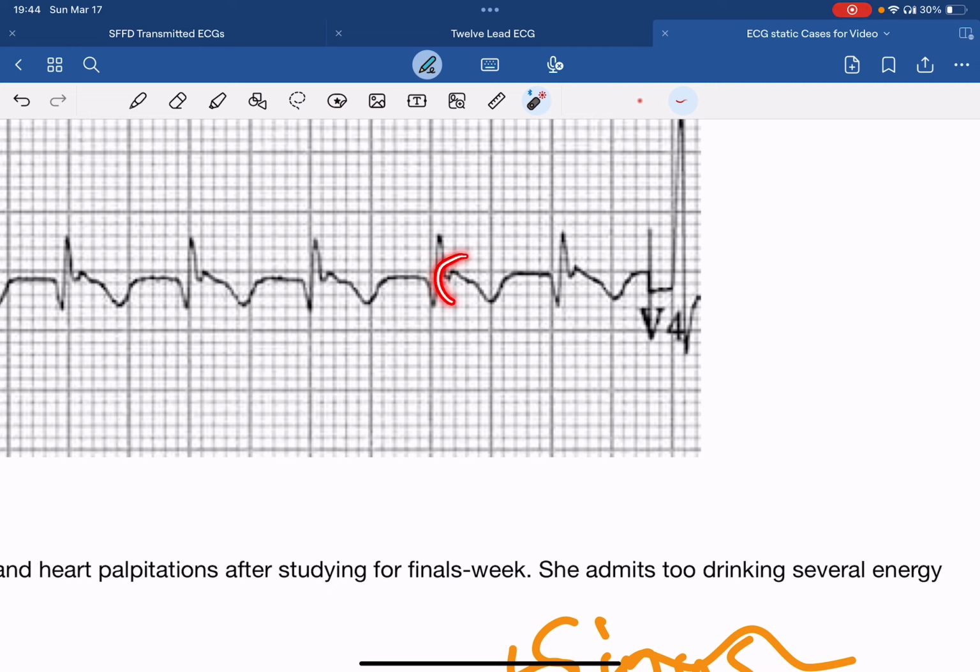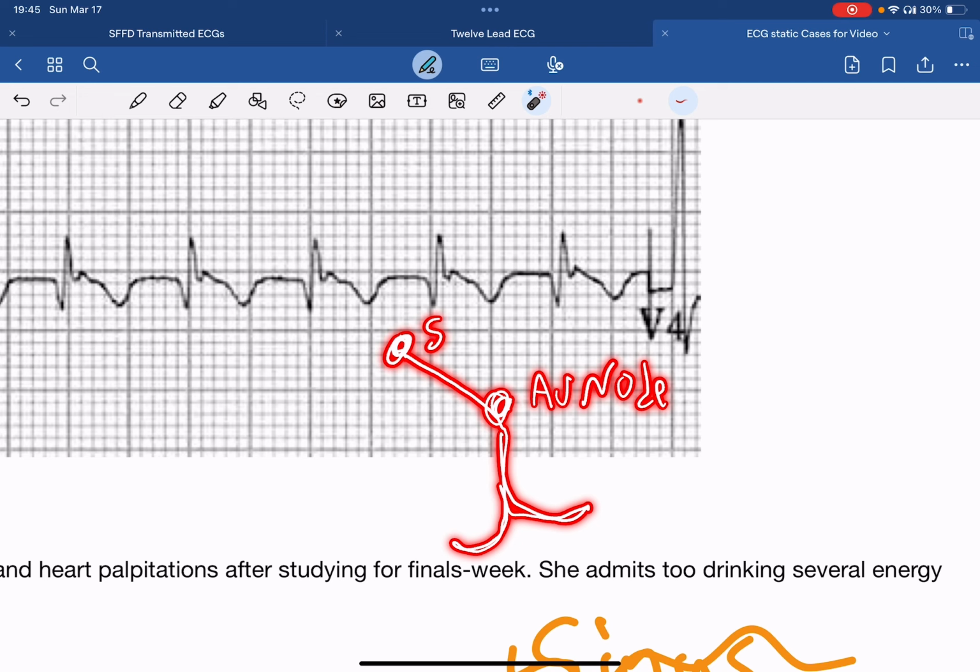However, what you're seeing here are actually retrograde conducted P waves, meaning that within the heart, the impulse is originating at the AV node, traveling down the left and right bundle branches, but also going back up to what would be the SA node and causing an atrial depolarization.